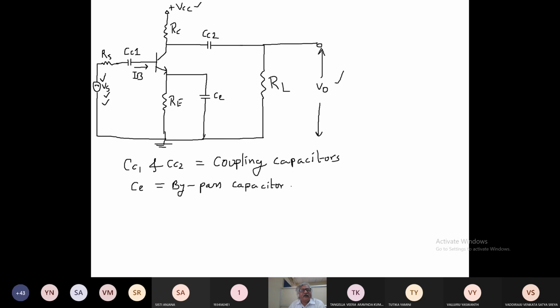This is the AC signal here, Vs. So it allows the AC signal to pass to the input of the transistor for amplification. After this, CC2 allows the amplified AC signal to pass through it and reach the output. This is the important task of the coupling capacitors.